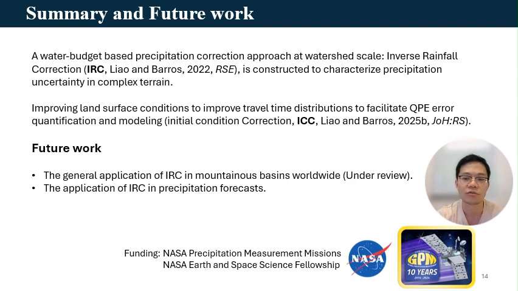This allows us to basically reconstruct precipitation estimation for nearly all types of radar QPE datasets, and also we introduced this land surface condition parameterization, basically to improve the travel time distribution due to uncertainty in the initial conditions, and this is called the initial condition correction, the ICC, which is also published in 2025.